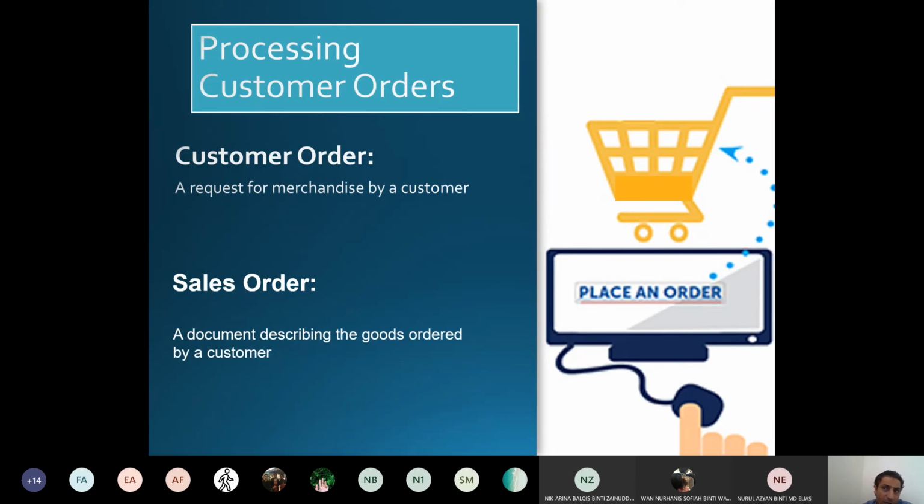Sometimes the customer orders a quantity of 10 items or 10,000 units, but after double checking the availability, we just prepare what we have, which is 5 or 7 items. So the customer order is not necessarily the same as the sales order.